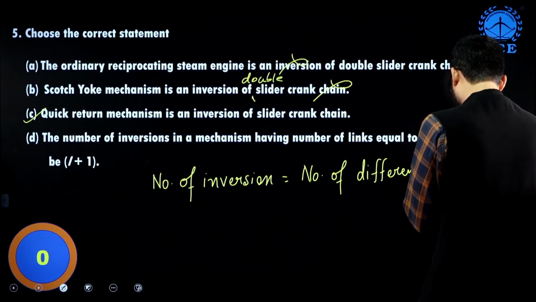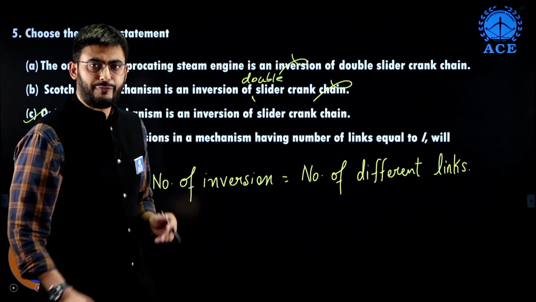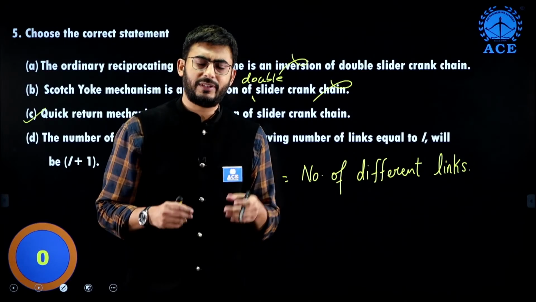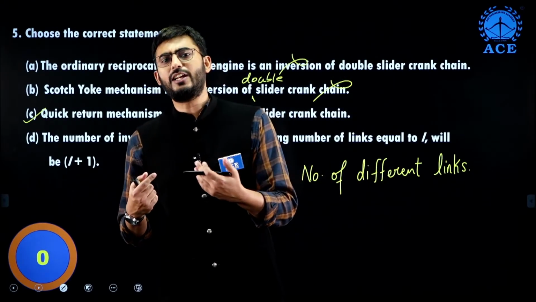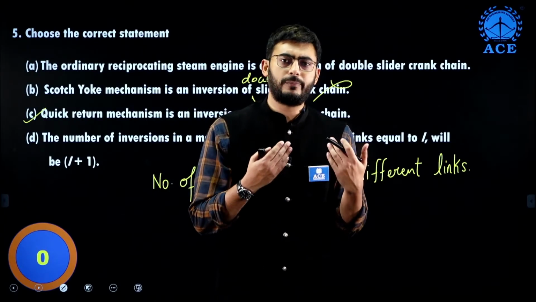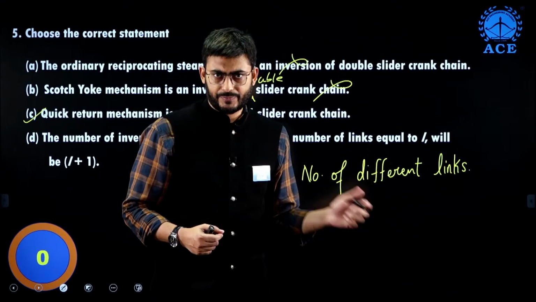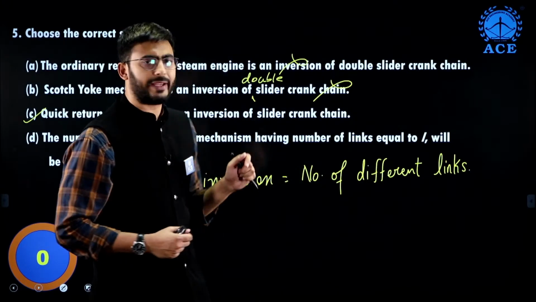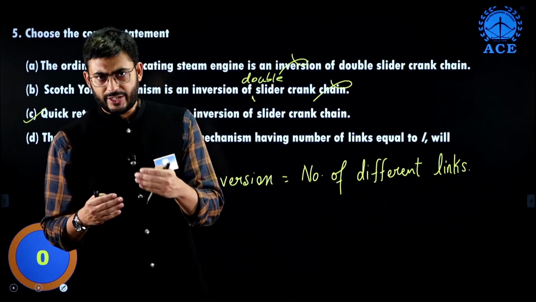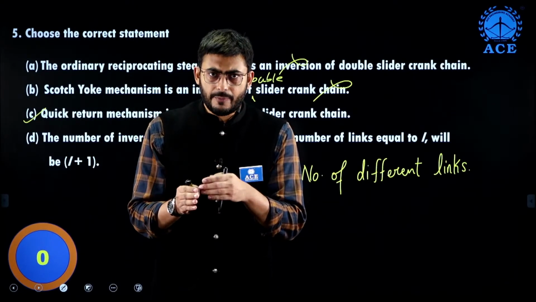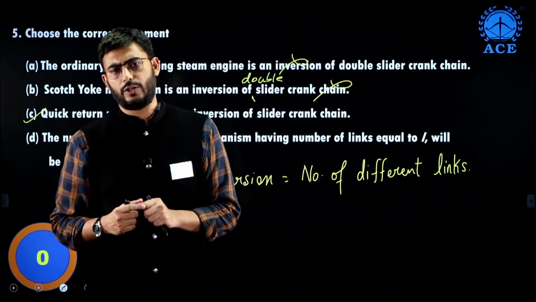And let me emphasize this statement. If you take an example of the crank slider mechanism, link number 1 is the frame, the second link would be the crank, the third link will be the connecting rod, and the fourth link would be the piston. Whereas in the double slider crank mechanism, link number 1 is the frame, link number 2 is the slider, link number 4 is also a slider, and link number 3 is the connecting rod.